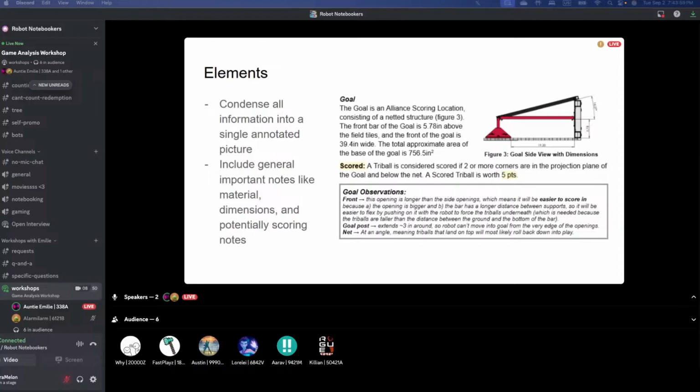So, for example, on the goalpost, it says it extends 3 inches around, and then the reason why that matters is that the robot can't move into the goal from the very edge of the openings, which is just saying like that little conical base there.